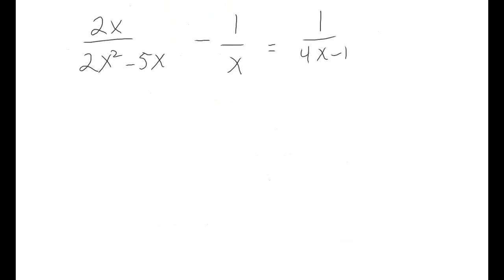All right, let's do another one then. What if I have, and I'll give you guys a few minutes to see if you can work through some of this on your own, and then I'll start going through it as well. 2x over 2x squared minus 5x, minus 1 over x, equals 1 over 4x minus 10.